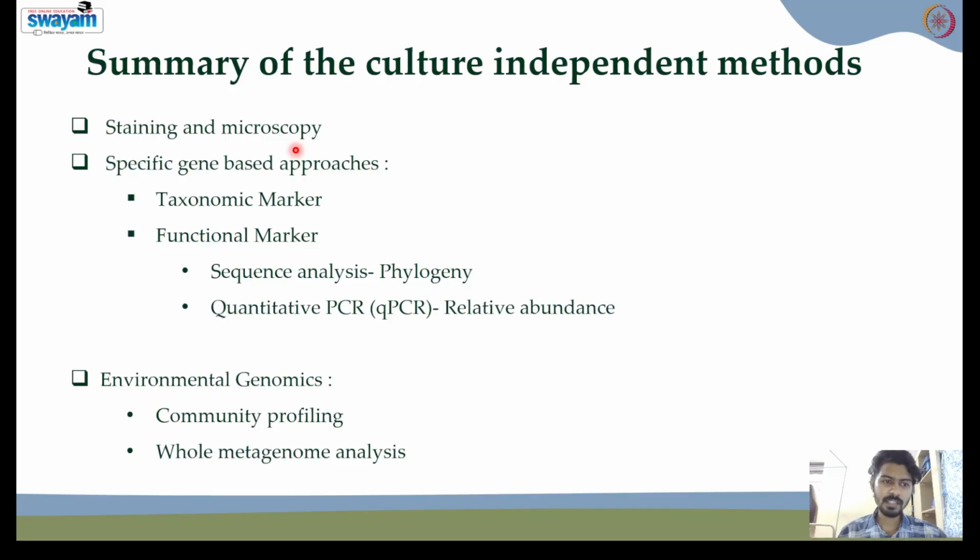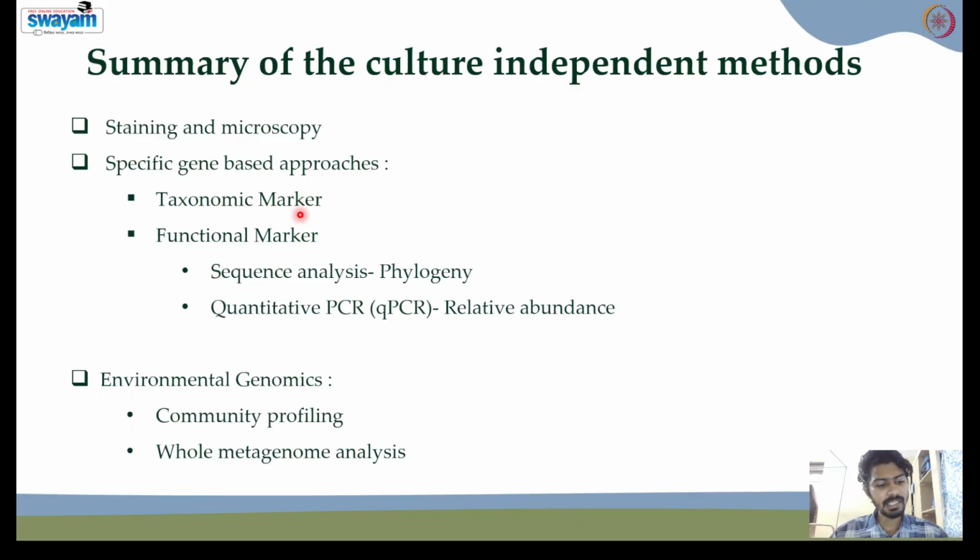First we discussed staining and microscopy and advanced techniques like FISH. In today's class, we will focus more on the specific gene based approaches, where you have two important markers that are very important to identify any bacteria or any microorganism in the environmental sample.